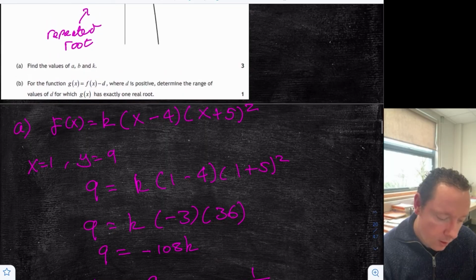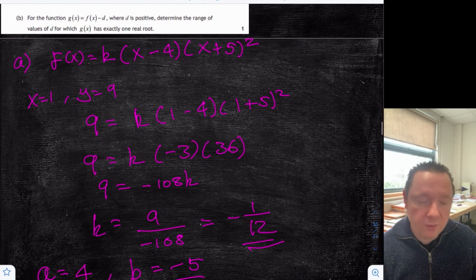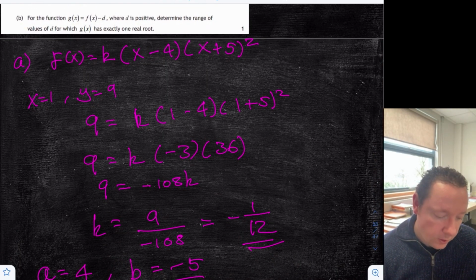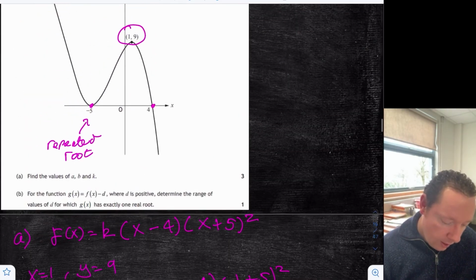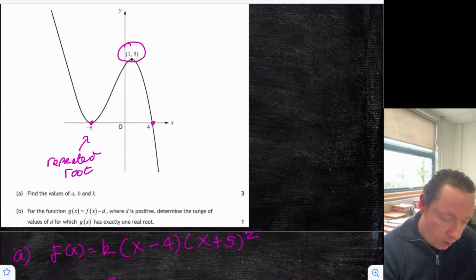So we're done there. Part B says for the function g of x equals f of x minus d, where d is positive, determine the range of values for d so that g of x has exactly one real root. Okay, let's have a look at this. If it's got one real root, it only crosses the x-axis at one point. So this is going to move down, but it's still going up.